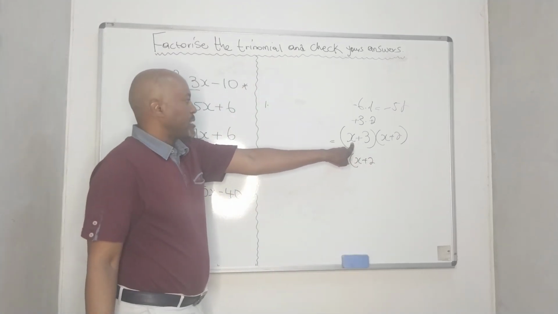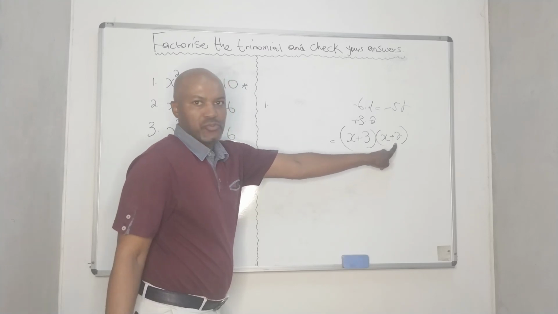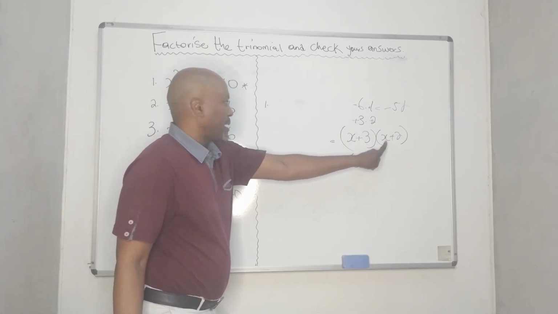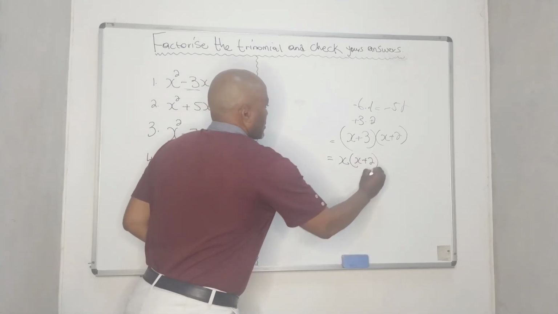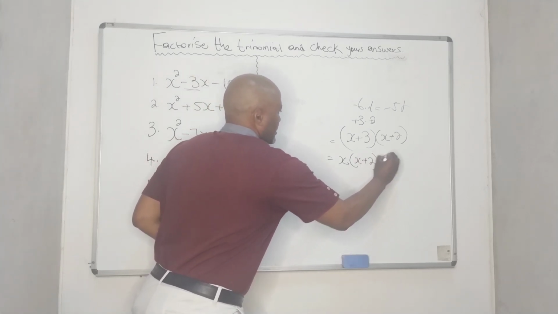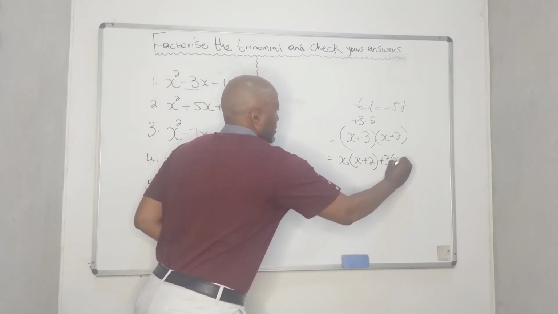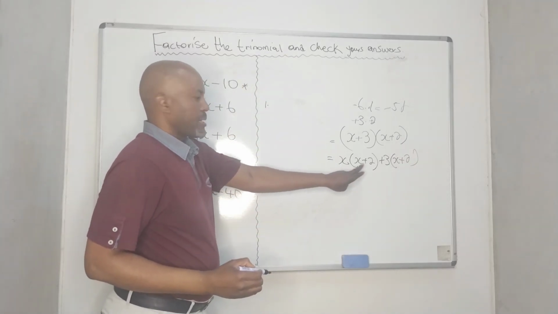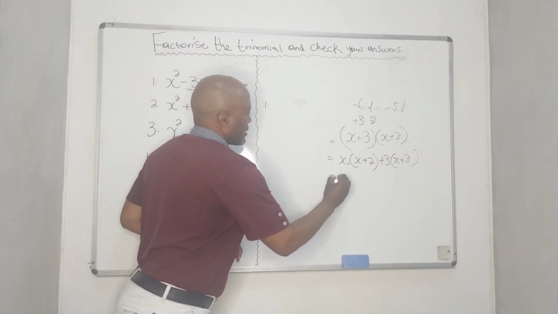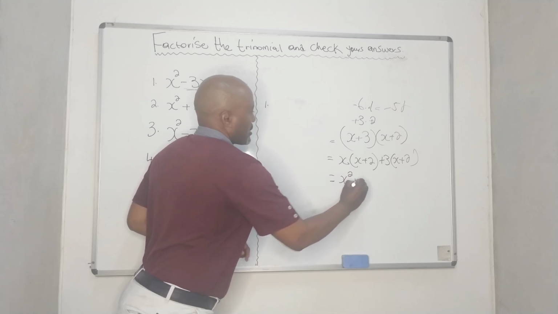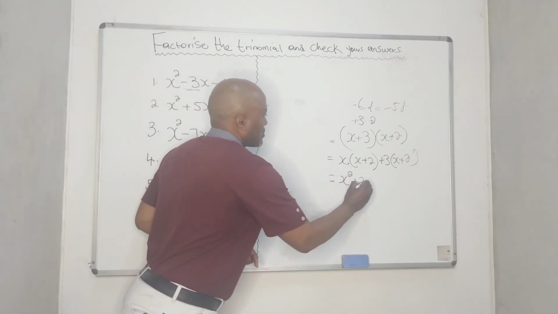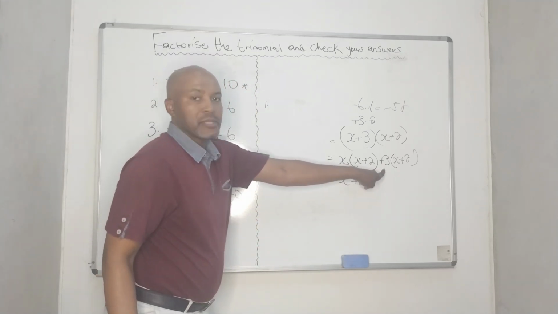This x will multiply x plus 2. Now this 3 should also multiply x plus 2. So x by x, you get x squared, plus x by 2, you get 2x. Then you are done with this, you come here.